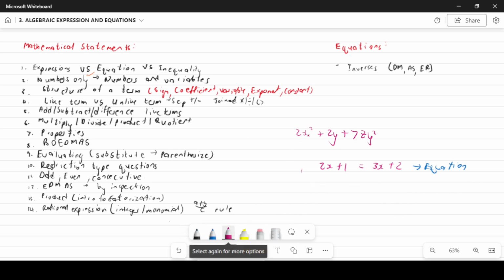And lastly, we are going to talk about inequalities. An inequality is a mathematical statement that compares two expressions using inequality symbols. So it compares two expressions like 2x plus 1 to 3x plus 2, but with inequality symbols. So what are the inequality symbols? It could be less than, it could be greater than, it could be less than or equal to.